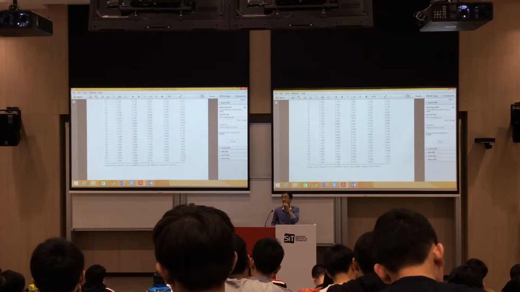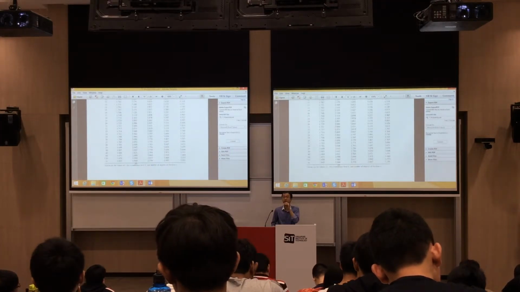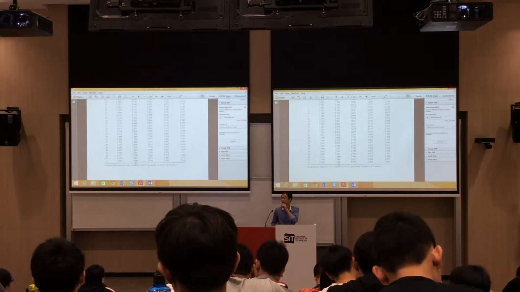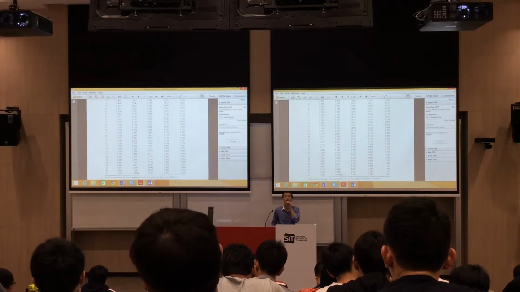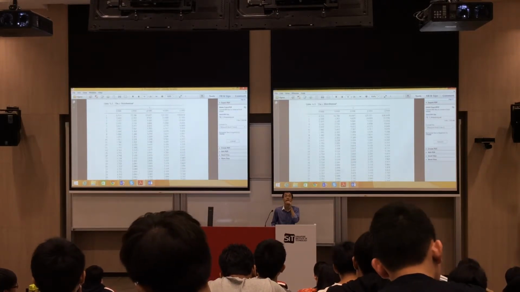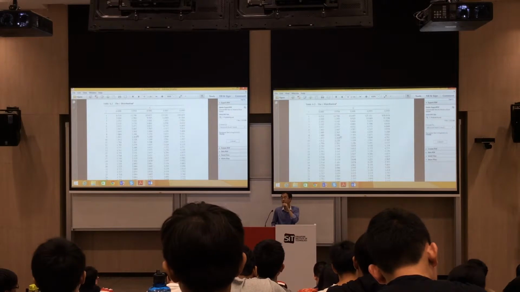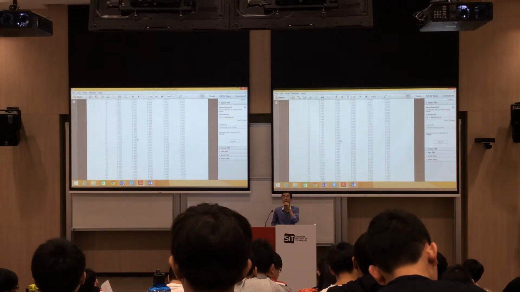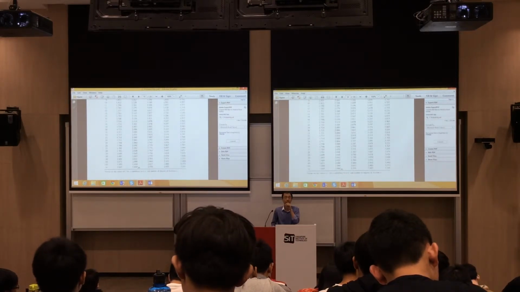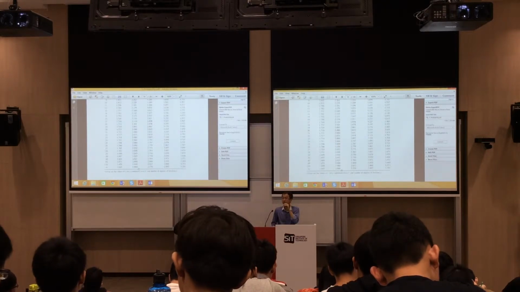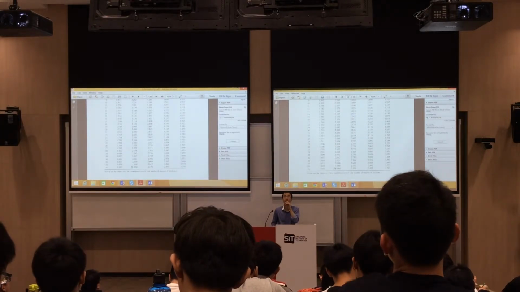So when the degrees of freedom approach infinity, the T distribution becomes Gaussian. When the sample size is small, you can see the T value has a much bigger value than the Gaussian distribution. The Gaussian value here is 1.96.